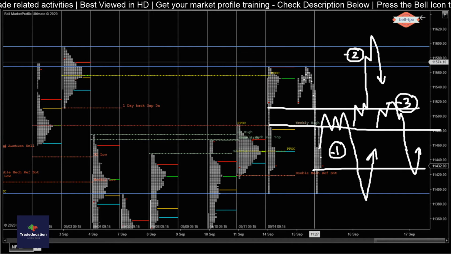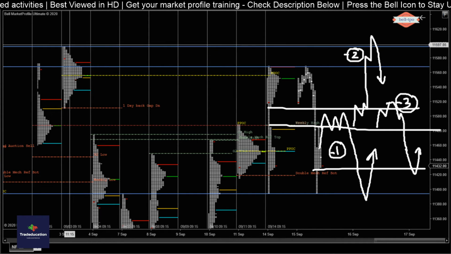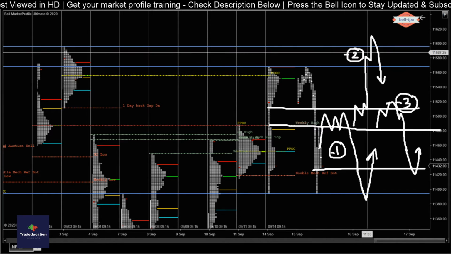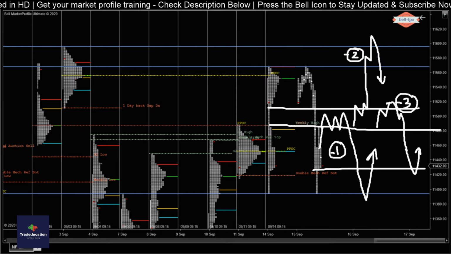I'm expecting this to go further higher because we have a 45-degree line here. So odds are high that we will be seeing auction path number 2. But let's see. Now in the next 10 seconds the market will open. Let's see which way the auction goes.